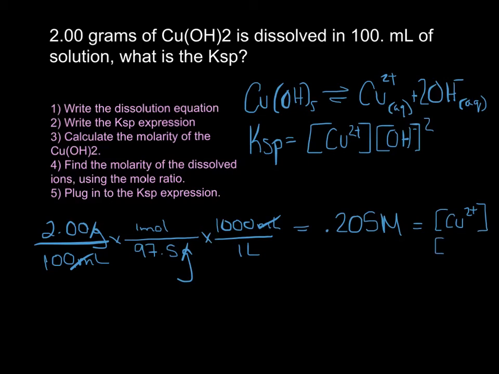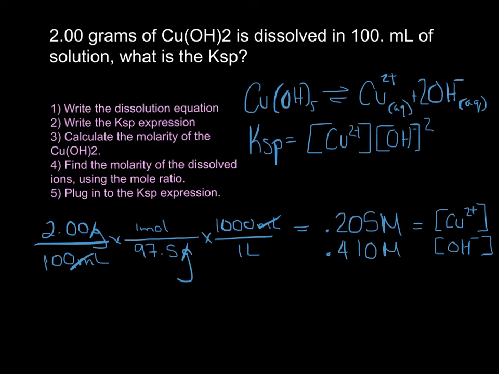But for the hydroxide ion, the molarity is different because there are 2 hydroxide ions in the equation when it dissolves, and so we're going to need to account for that. The molarity of the hydroxide is double the molarity of the copper, so we can just multiply this value by 2 to get the molarity of the hydroxide ion.